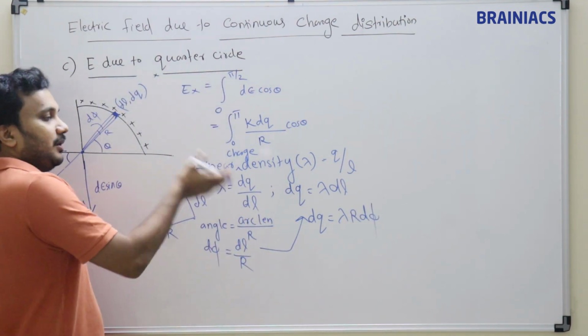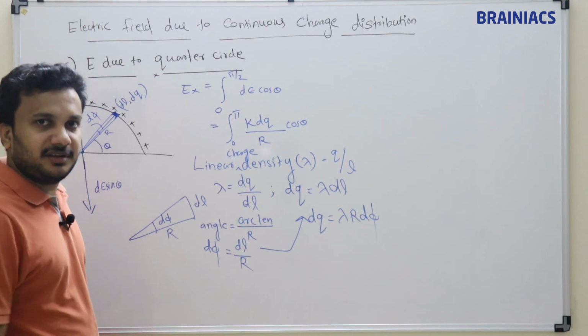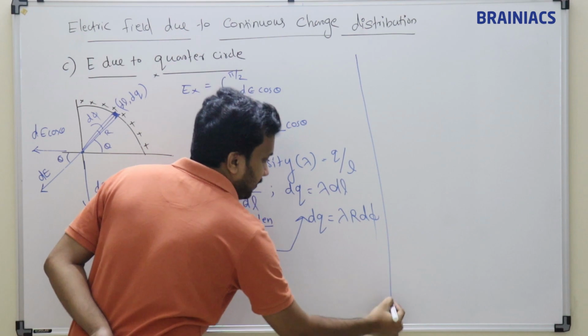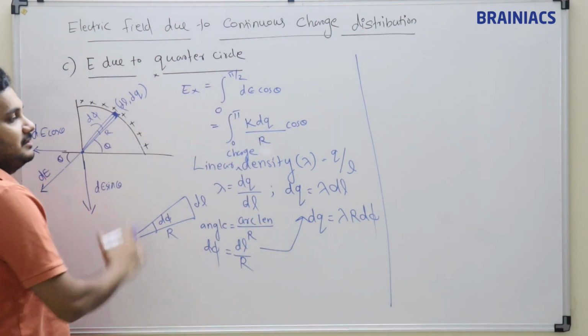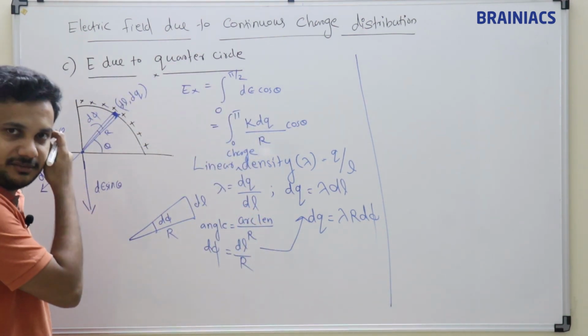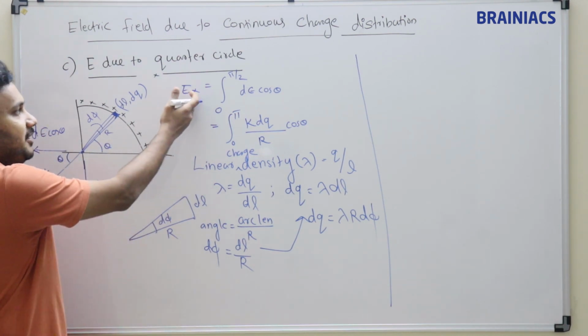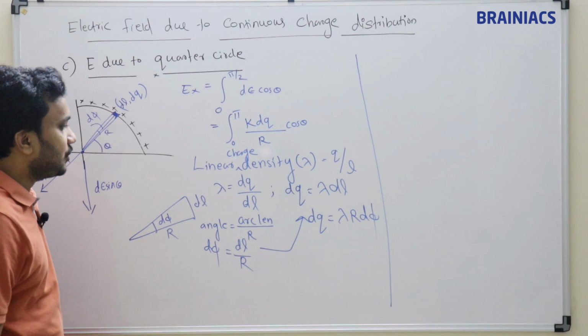This is what we did previously also, and here we are doing the same steps, the same method. But according to the structure, the logic will vary because there are x and y components of the electric field. First we started with the x component.